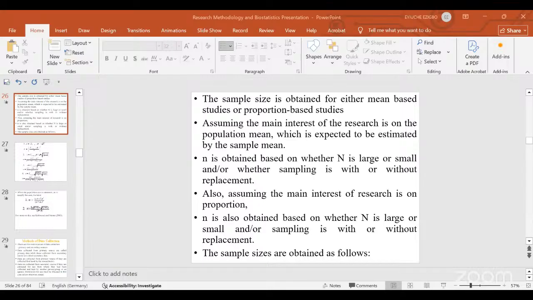There are some other authors that obtained different methods for determination of sample size. These ones are more complicated, so they are very rarely used. They are methods by Kirkwood and Sterne in 2003. They obtained these more complicated formulas, which are very rarely used.